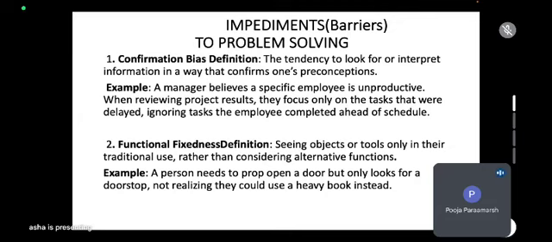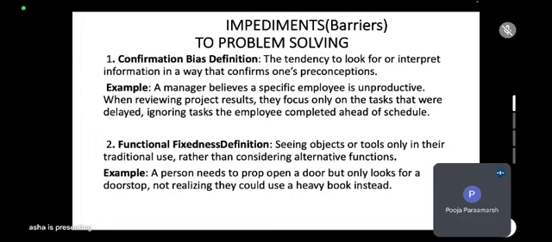The second one is functional fixation. What do we mean by functional fixation? That means seeing objects or tools only in one direction. It happens most of the time that our older generation, our grandparents, like to follow a particular set of traditions, and they don't like changes because they feel that is the right way.